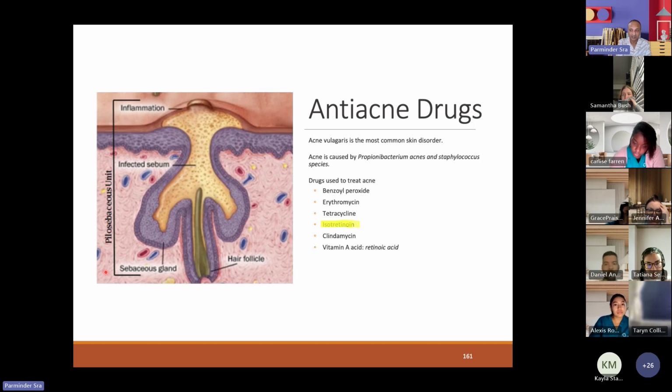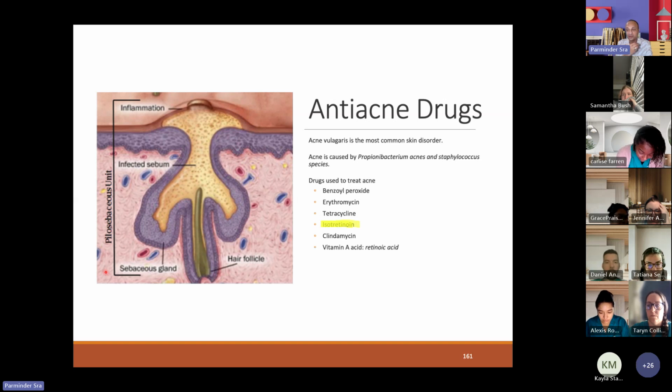Benzoyl peroxide is kind of a starting point. What it does is release oxygen, and the bacteria don't like that. They can't survive in that atmosphere, so they die. So it reduces the bacteria and also has a mild drying effect, which helps remove the excess oil and dead skin cells.